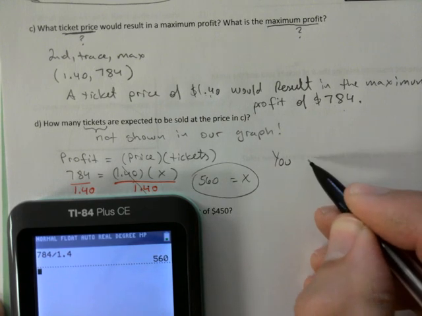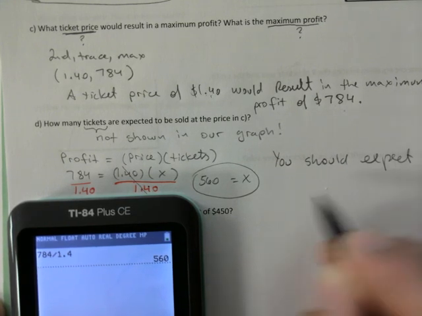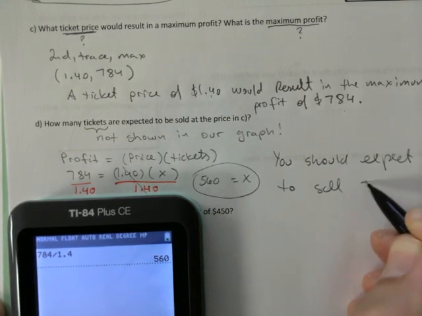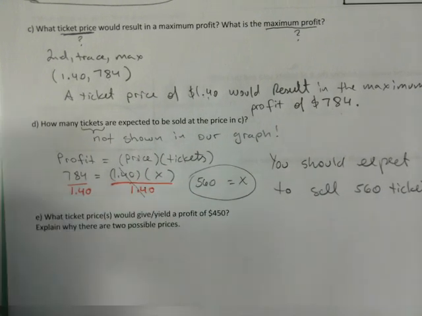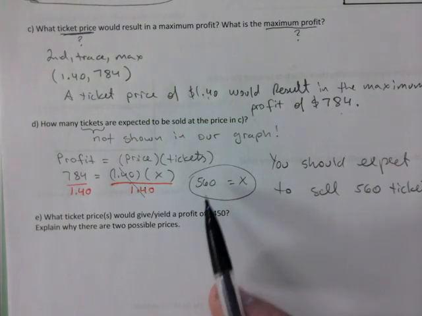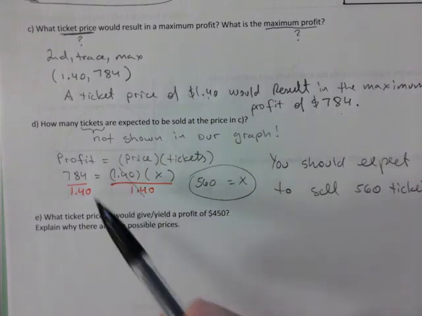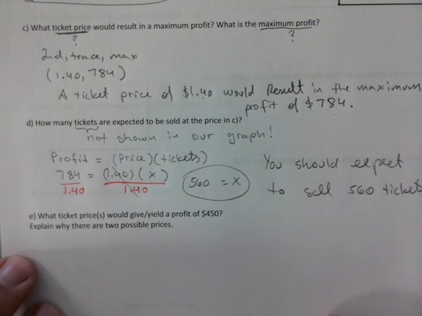You should expect to sell 560 tickets. If this is ever a decimal, turn it into a whole number. Up or down, I don't care, just make sure it's a whole number. Because it could have been a decimal, in which case you need to round it.